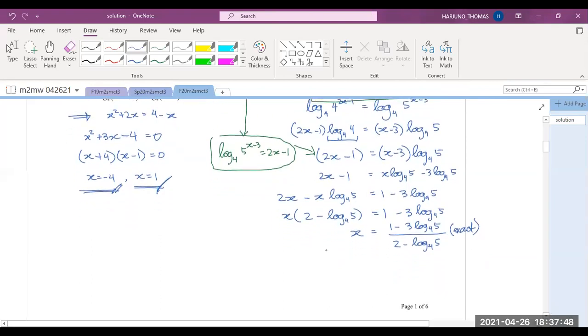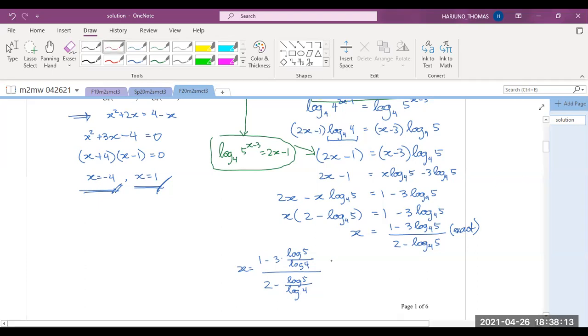How to get our approximate form? Then you will rewrite it first. x equals 1 minus 3 times log 5 over log 4, over 2 minus log 5 over log 4. Basically change of base, right?